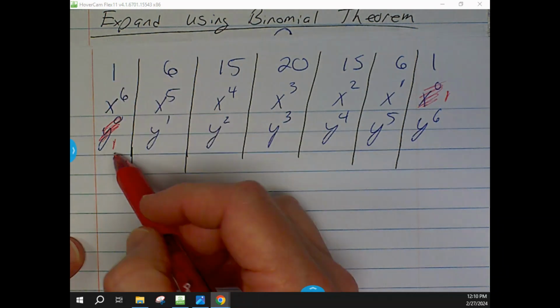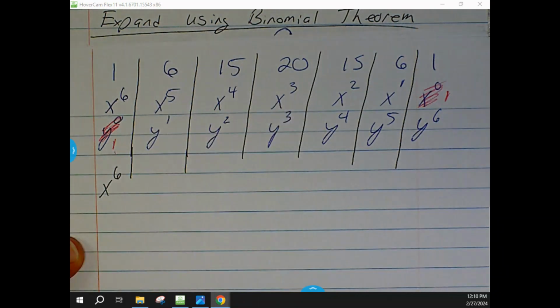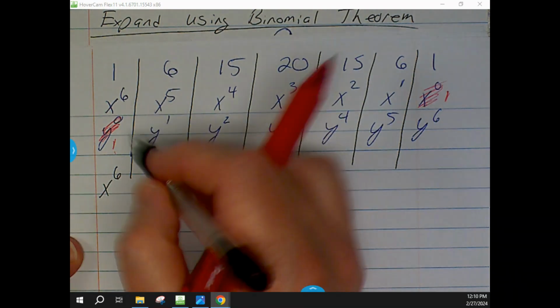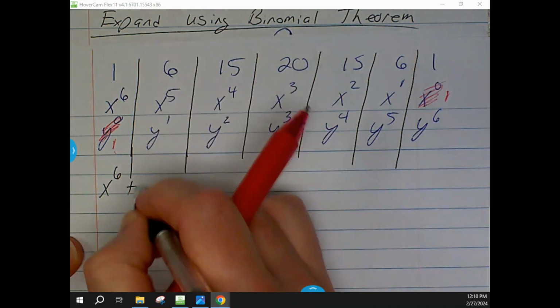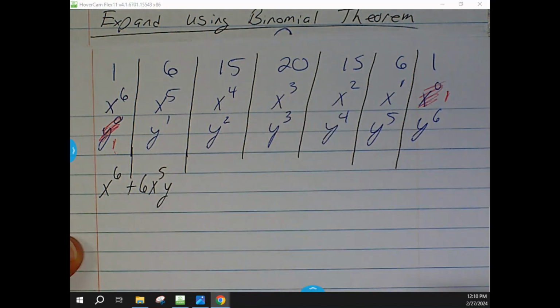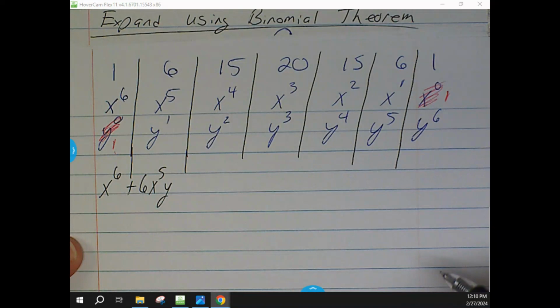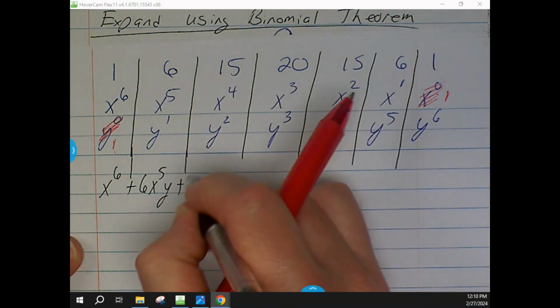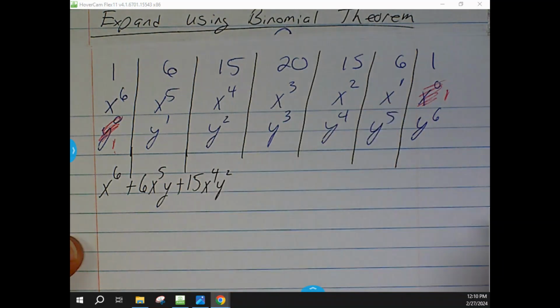It's 1 times 1 times x to the 6, which is 1x to the 6th, or we'll just put x to the 6th. Then everything else, you write the answer just like it is. This is 6 x to the 5th y to the 1st. If it's y to the 1st, you don't have to put a 1 there; you can just leave it as y. This one's 15 x to the 4th y squared.